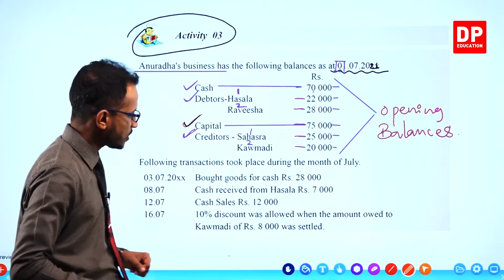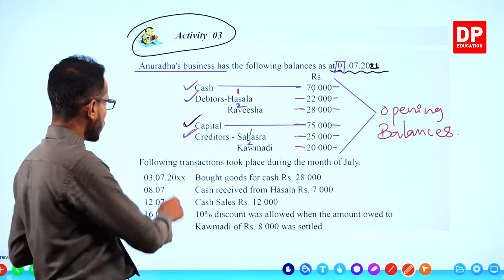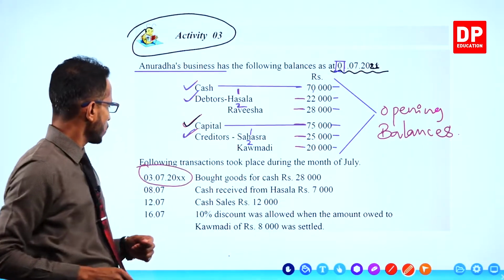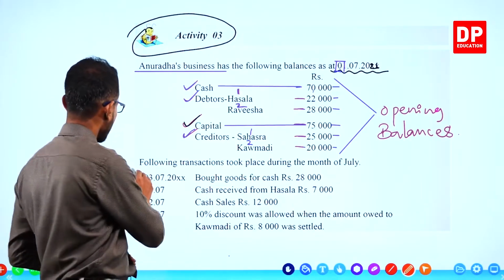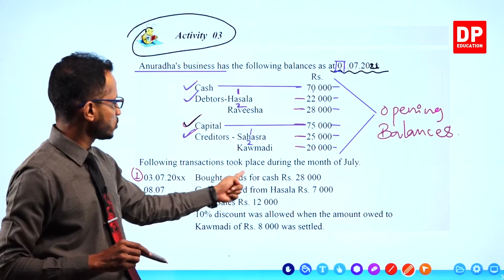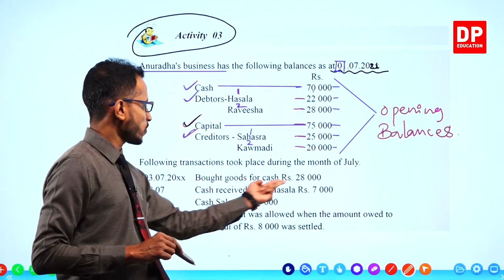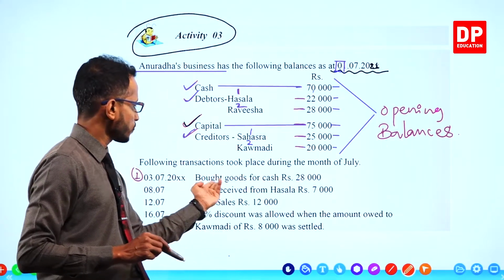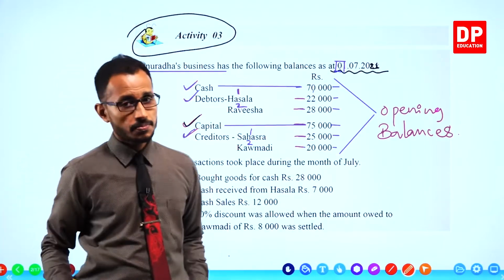Right. First transaction. Following transactions took place during the month of July. First one is here. Let's number them. First one, 3rd July, bought goods for cash, 28,000. Buying means purchasing.